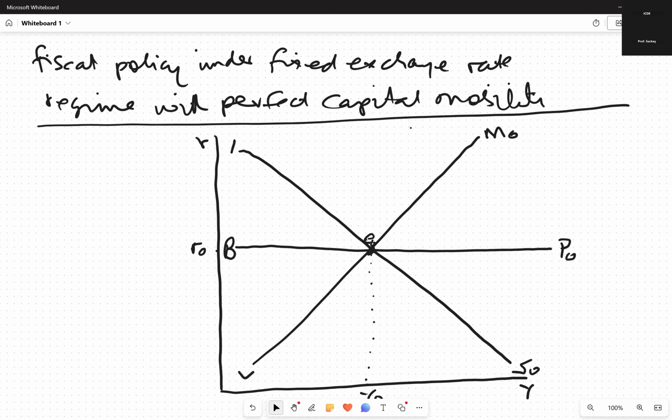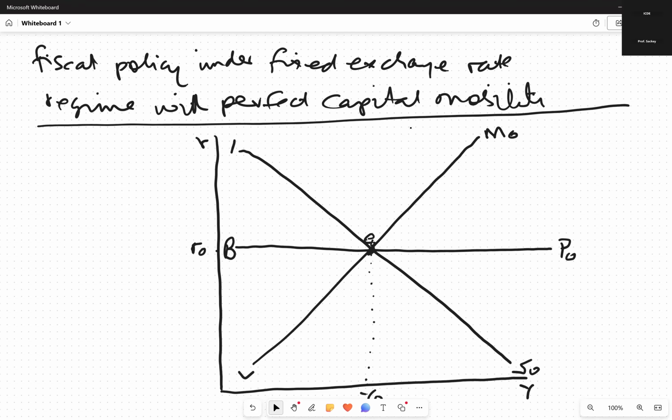So we are saying fiscal policy lies on the IS curve. You know that the IS is Y equals C plus I plus J plus X minus M. Fiscal policy is on the J, the government expenditure. That's where fiscal policy lies.